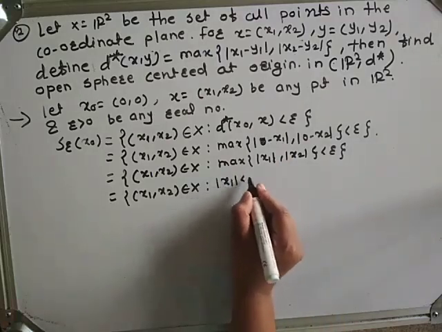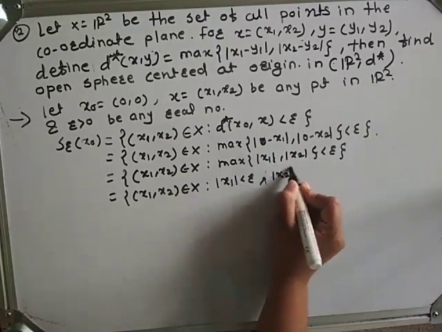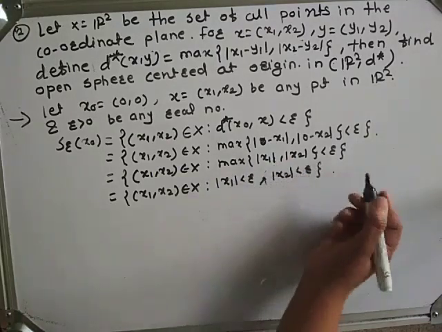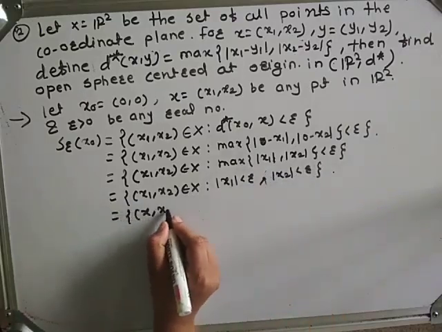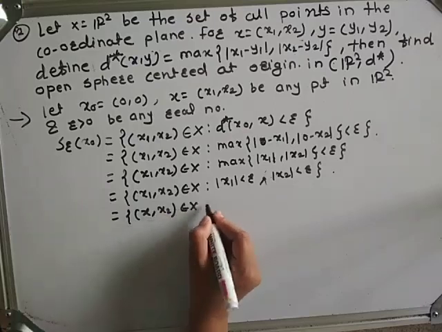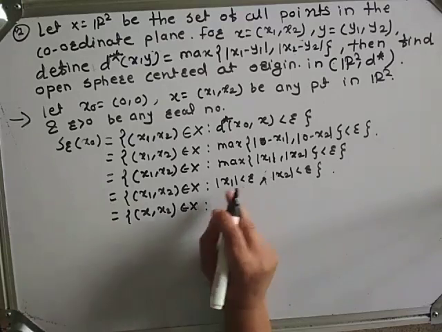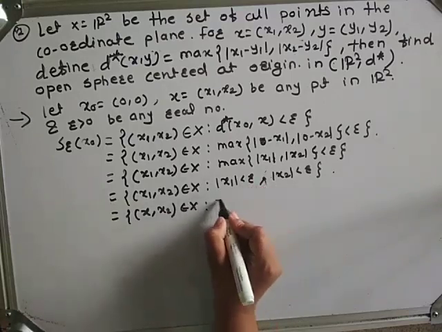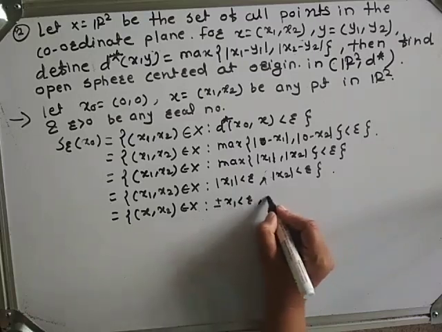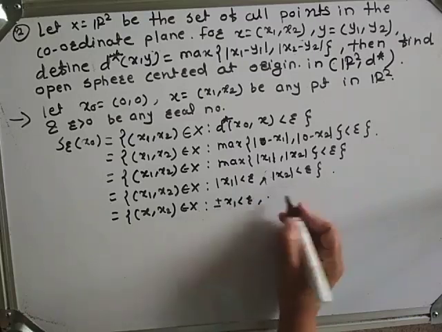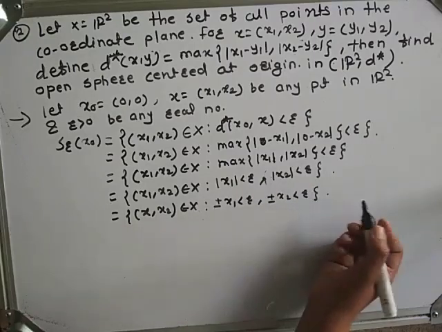Therefore, |x1| is strictly less than r, |x2| is strictly less than r, which is equal to the set of all (x1, x2) belonging to capital X such that |x1| strictly less than r means plus or minus x1 is strictly less than r, and |x2| strictly less than r means plus or minus x2 is strictly less than r.